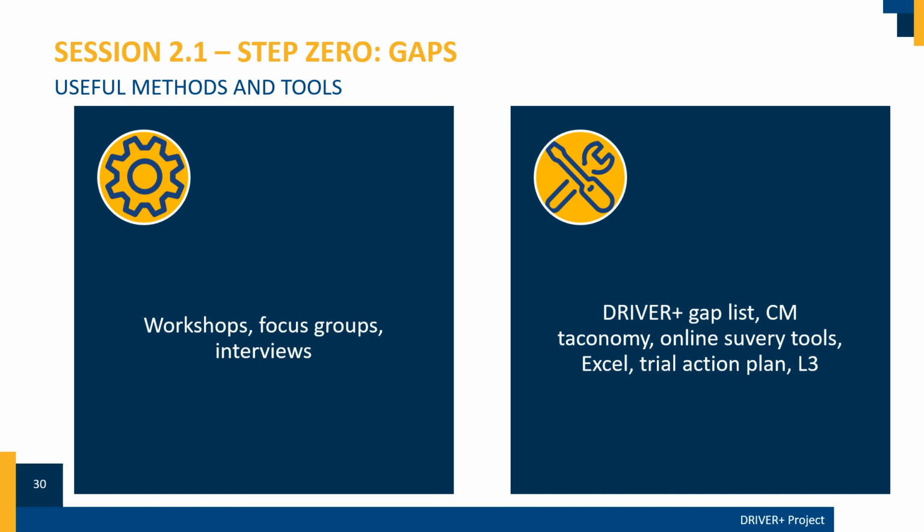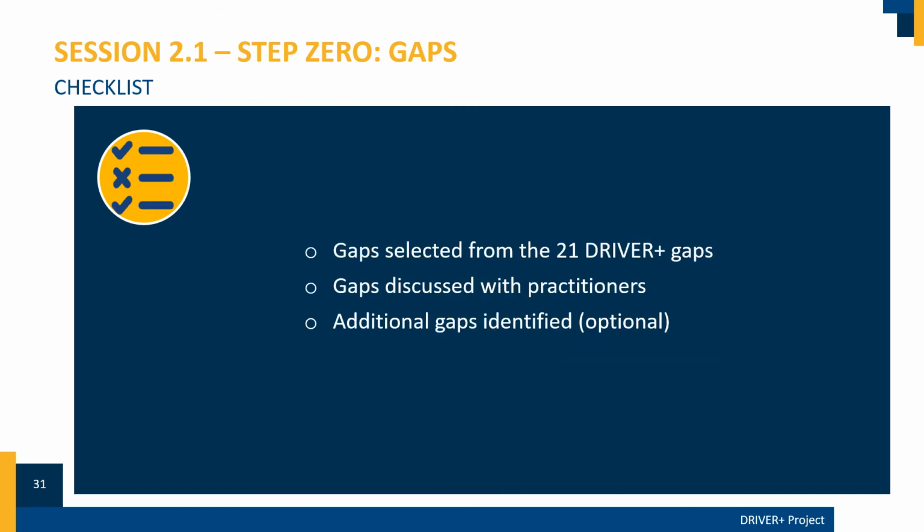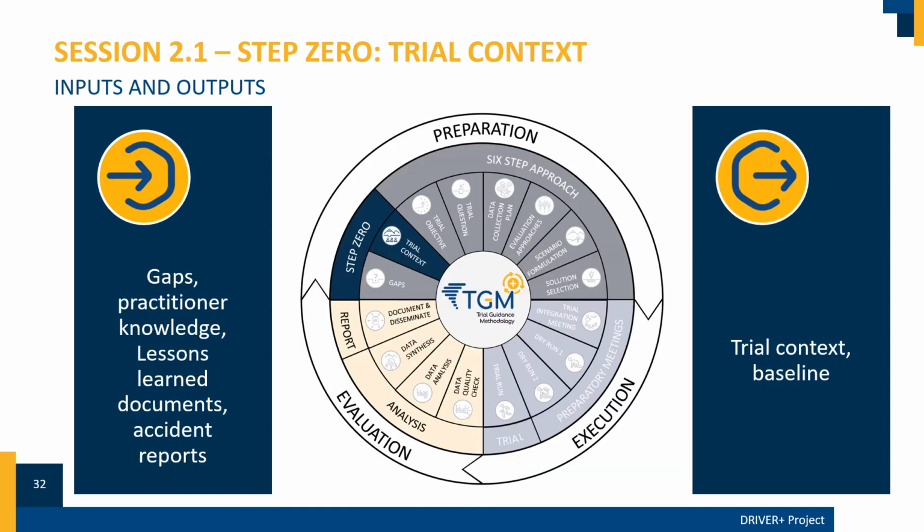The tools are the mentioned Driver Plus Gap List, the CM Taxonomy, online survey tools, Excel, the Trial Action Plan, and the L3, being the Lessons Learned Library. See session 5.6. So this is your checklist. In short, you select gaps from the 21 Driver Plus gaps, discuss them with practitioners, and optionally identify additional gaps.